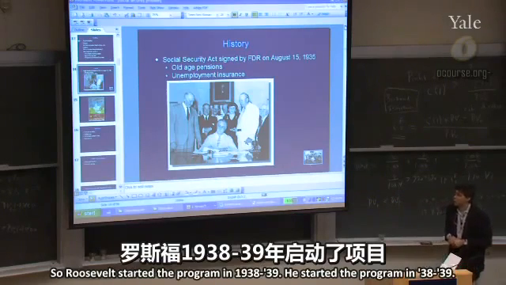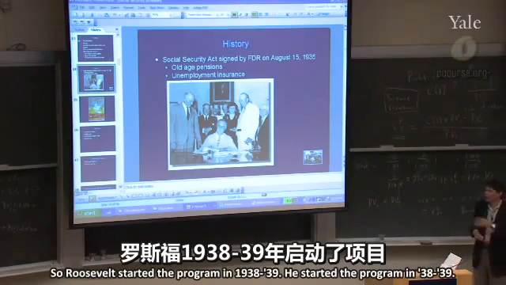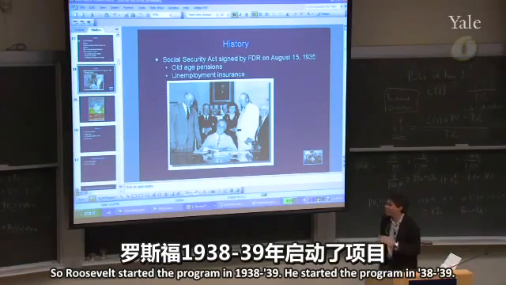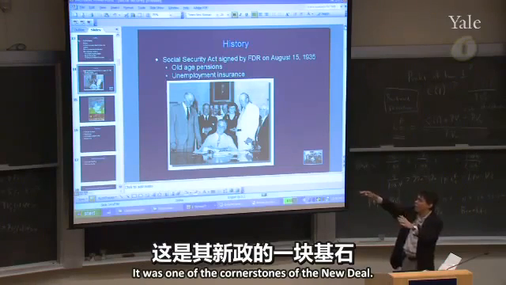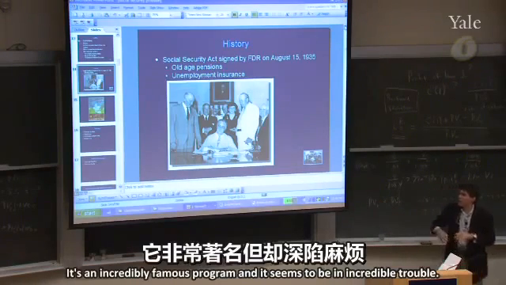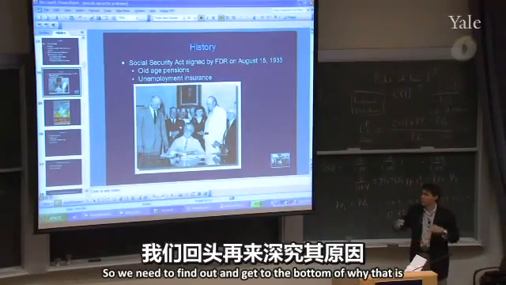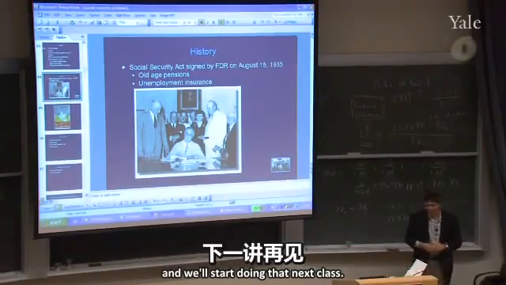Roosevelt started the program in '38, '39. It was one of the cornerstones of the New Deal. It's an incredibly famous program, and it seems to be in incredible trouble. So we need to get to the bottom of why that is, and we'll start doing that next class.